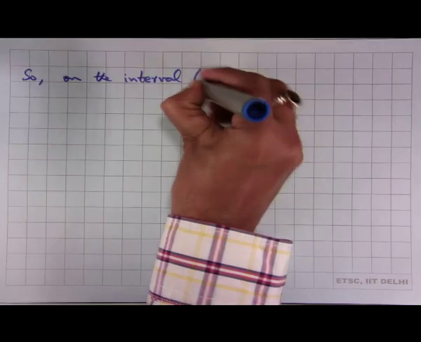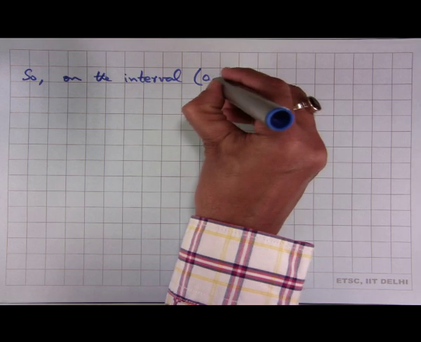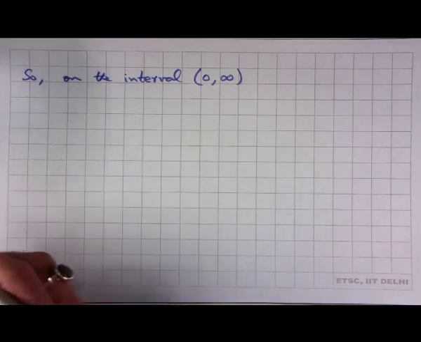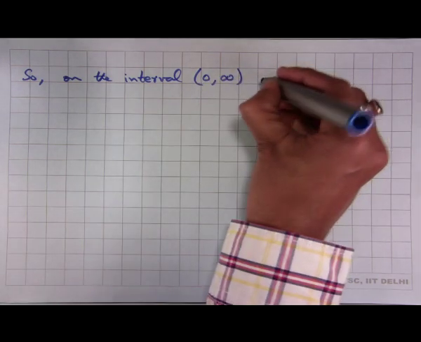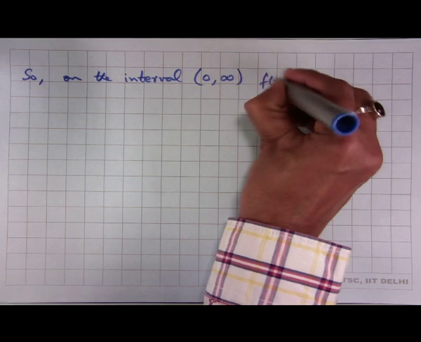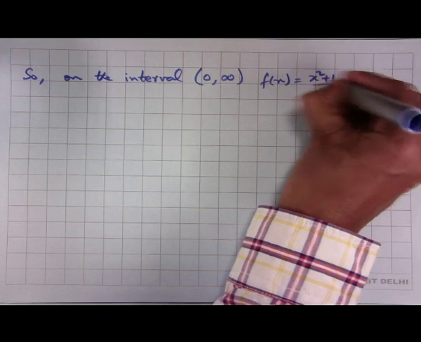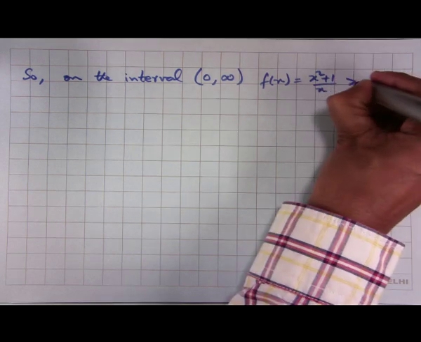So, if we consider the interval, instead of taking all non-zero real numbers, if I take the positive real numbers, 0 to infinity, f of x equal to x square plus 1 by x is greater than or equal to 2.